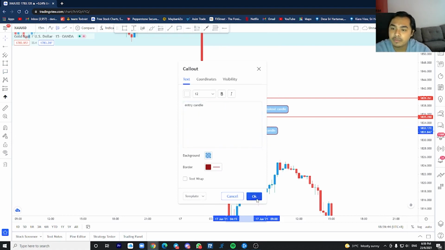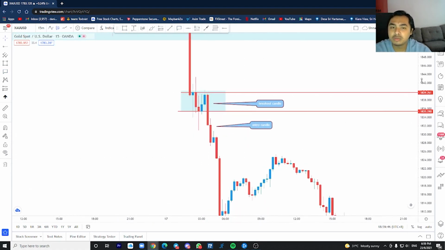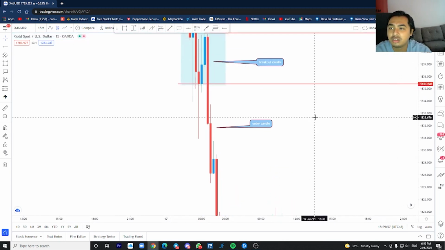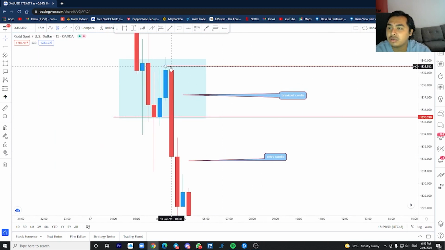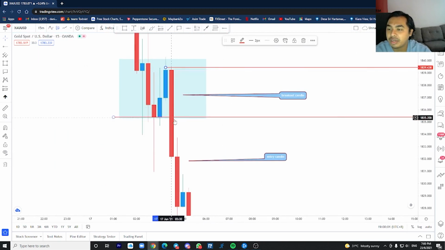Okay, so where should our stop loss be? Where was the highest point of the breakout candle? The highest point of the breakout candle is here on the shadow. Take a look here, this is the shadow of the breakout candle.